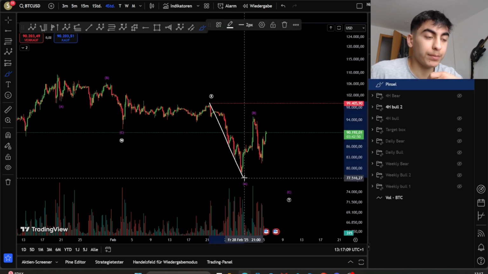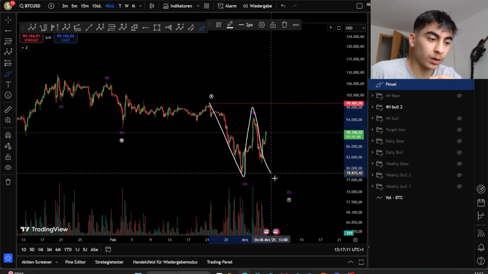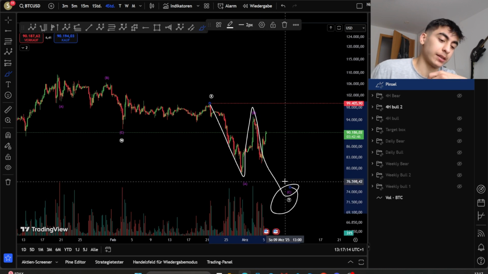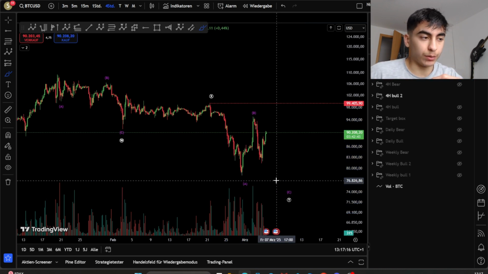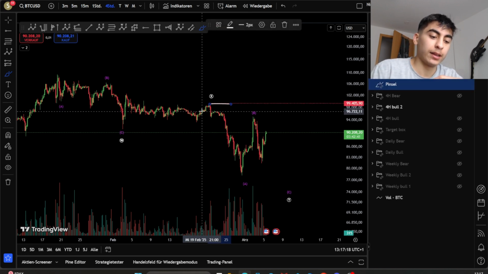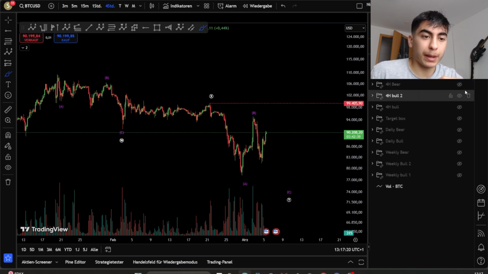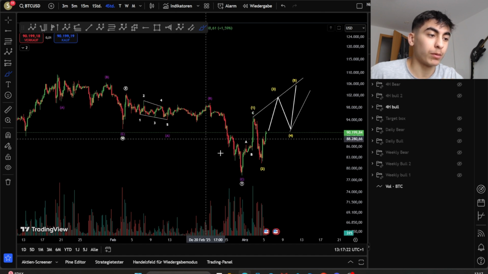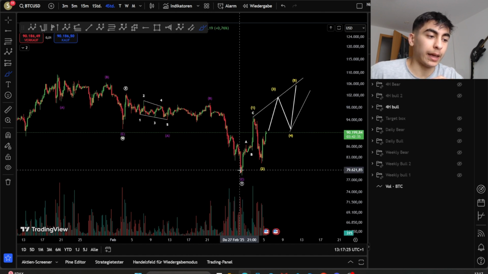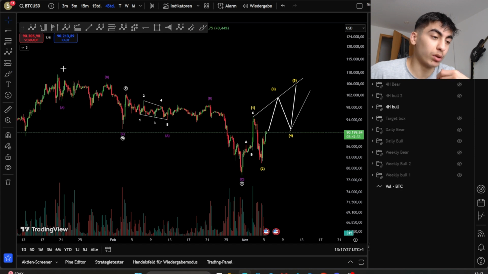So here we have an A, looking for a B and a wave C to the downside. The invalidation of the scenario would then be taking out this high. And once we take out this high, my main scenario will be this diagonal, as again, this is the highest probability bullish scenario we have.